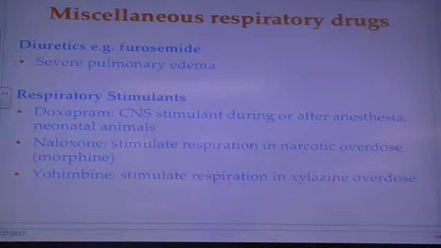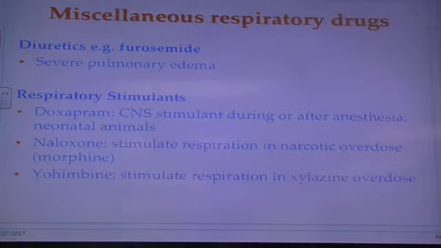Furosemide is used in horses, especially racing horses, because racing horses have hyperactivity during the racing program, and they are more prone to severe pulmonary edema or pneumonia from that. To prevent that, we use furosemide to reduce the pressure in the pulmonary artery.